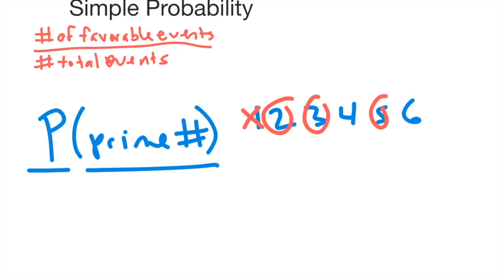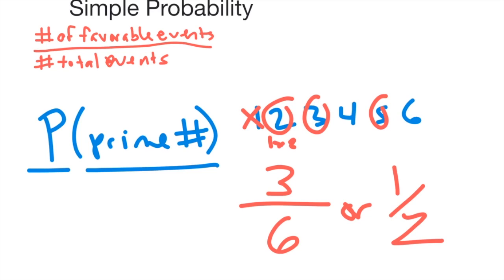A prime number has two factors. So for 2, that's 1 times 2, 3 is 1 times 3, and 5 is 1 times 5. So we have 3 favorable outcomes out of a total of 6, or 1/2. So the chances of getting a prime number is 1/2.